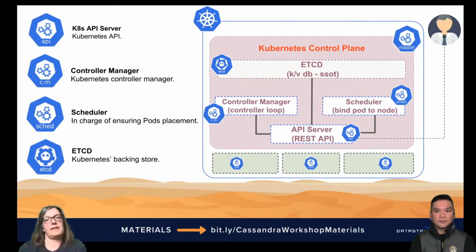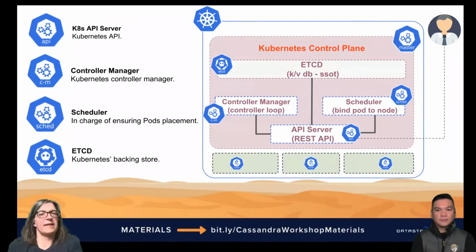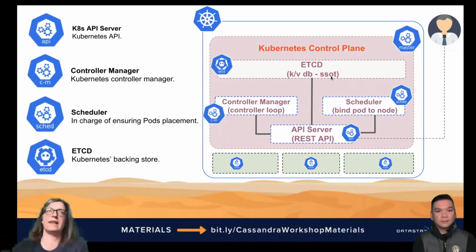A little bit more in detail, what's actually happening on the control plane. What is the role of the master, basically? The master has a key value store, which is a single source of truth, which just holds information about the cluster and the operation of the cluster. We have the scheduler. The scheduler is responsible for scheduling the pods to the worker nodes.